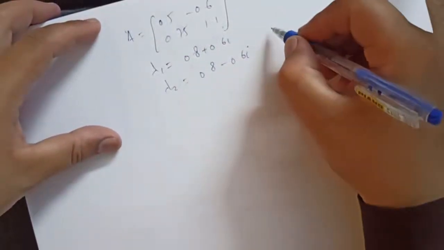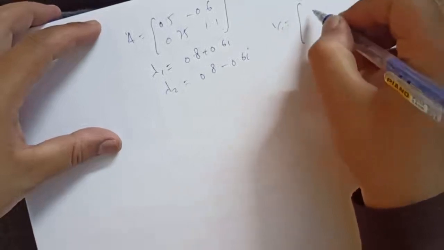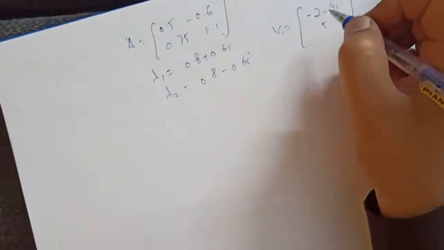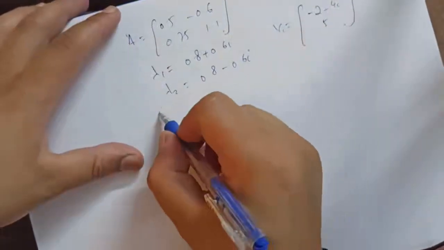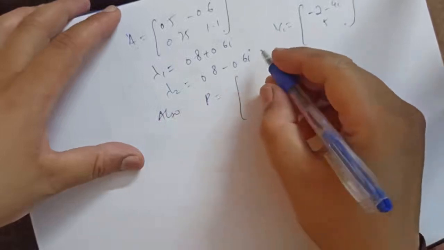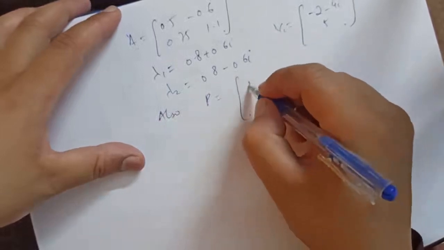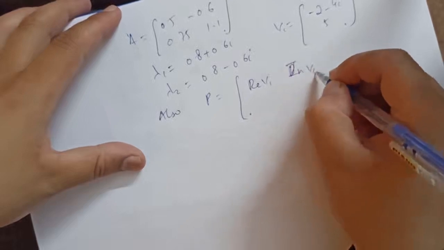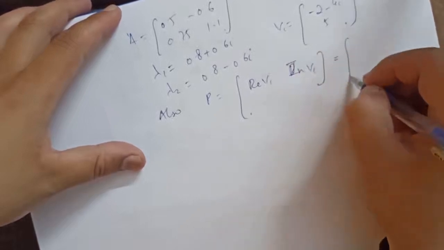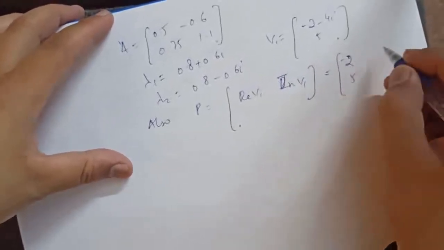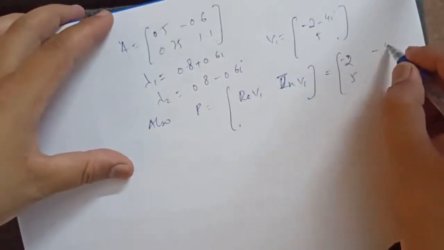Let v1 be what we already calculated, (-2 - 4ι, 5), and let's also say P is the matrix made of the real part of v1 and the imaginary part of v1, which is [[-2, -4], [5, 0]].